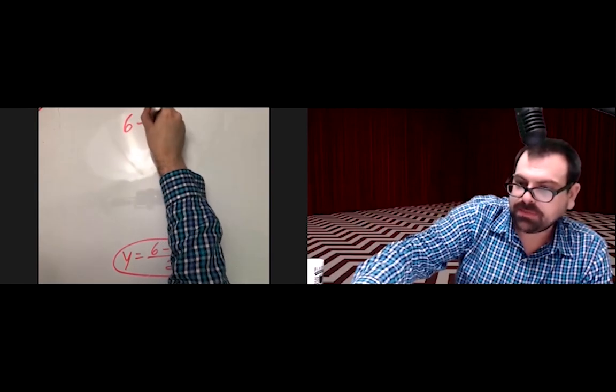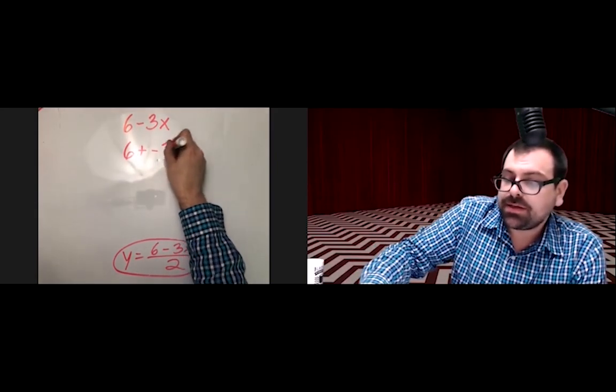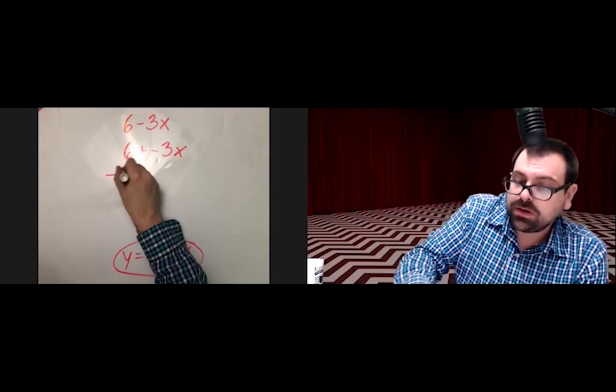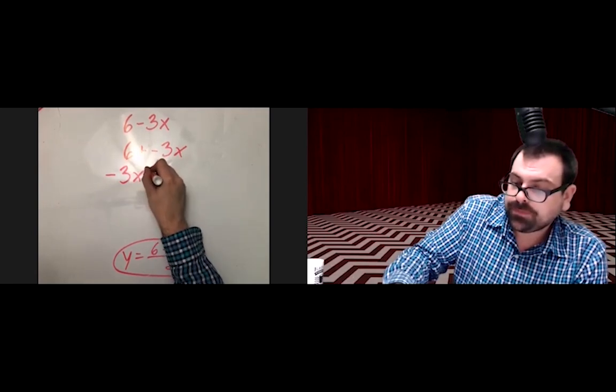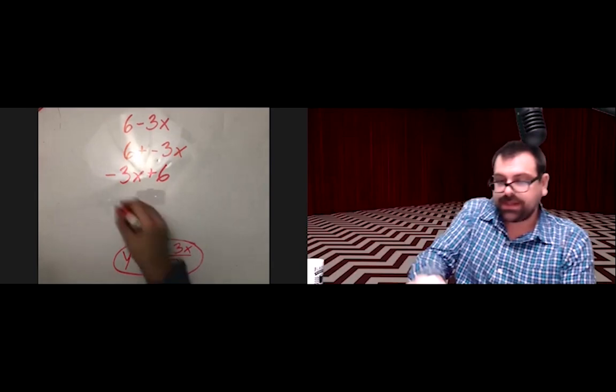When we see 6 minus 3x, remember, that's the same as 6 plus negative 3x. So we can add in any order. That's the same as negative 3x plus 6.